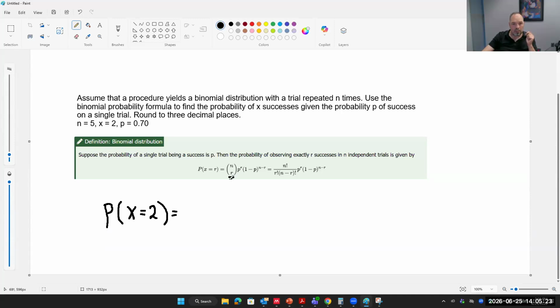And this here, which is the same as this here, is the same as n choose r. So 5 choose 2.